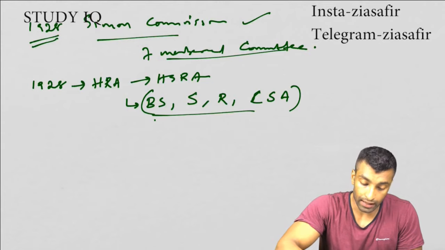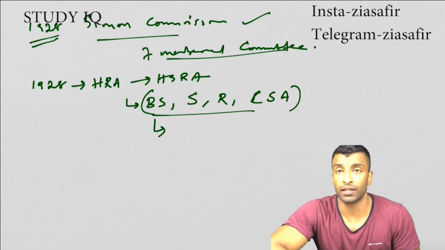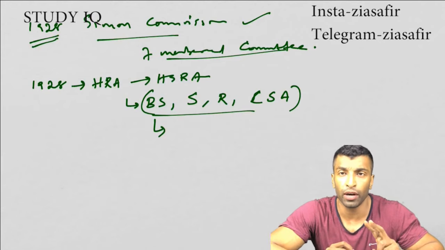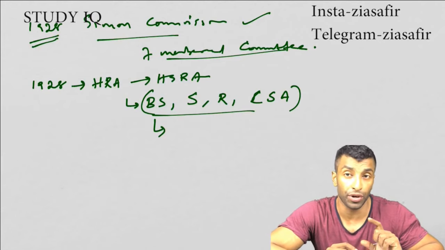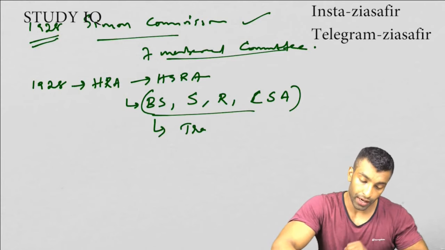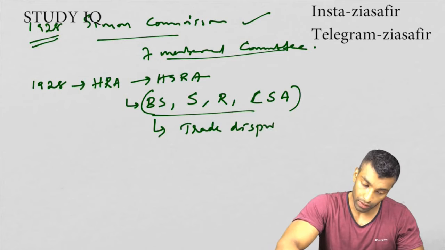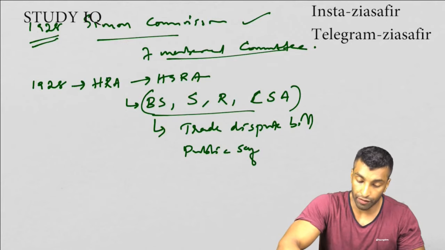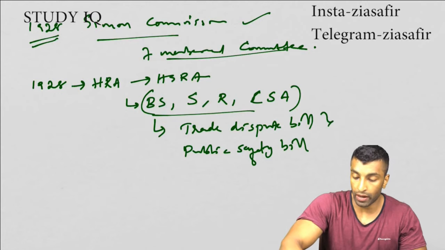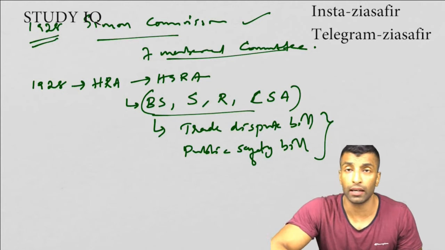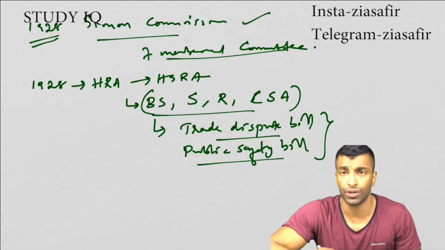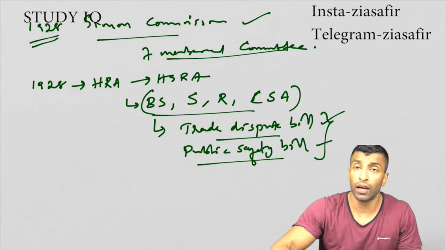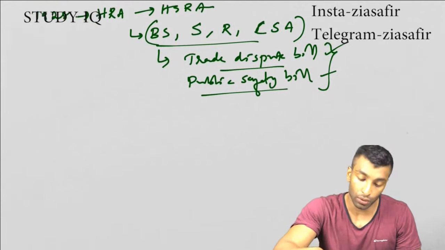This organization, through Bhagat Singh and others, bombed the Central Legislative Assembly when 2 important bills were being discussed, the Trade Disputes Bill and the Public Safety Bill. You have to get into the details of these bills. In fact, these have been asked as prelims questions, so they can be asked again. I'll be discussing them, but you have to read more about these 2 bills.